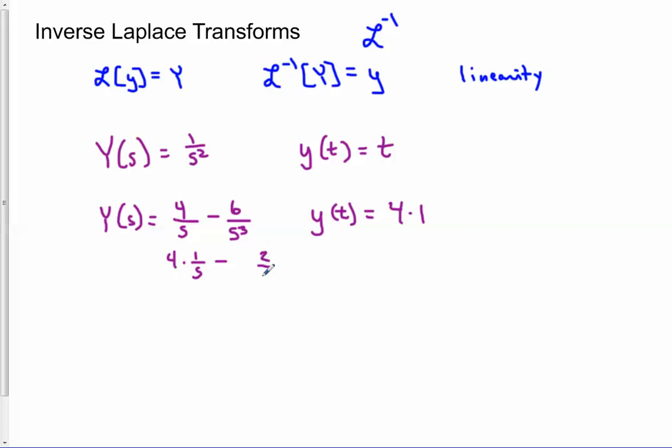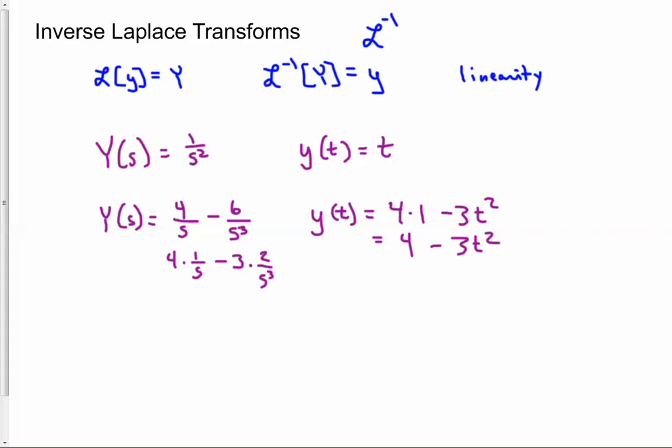So let's put a 2 over s cubed, but of course, we have a 6, so we need a 3 as the extra part that 2 over s cubed does not account for. So 3 times 2 over s cubed. And we know 2 over s cubed is the Laplace transform of t squared. So this would be 3t squared. Okay, so 4 minus 3t squared would be the inverse Laplace transform of the capital Y we started with.